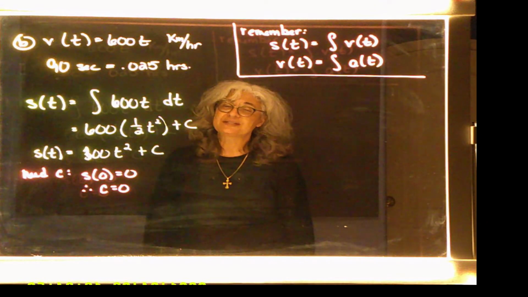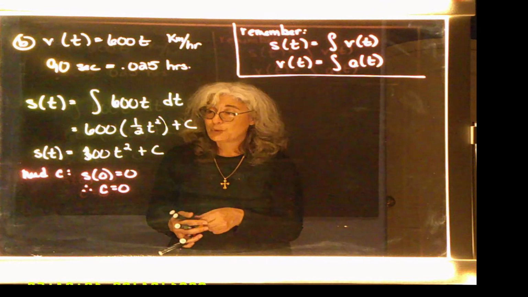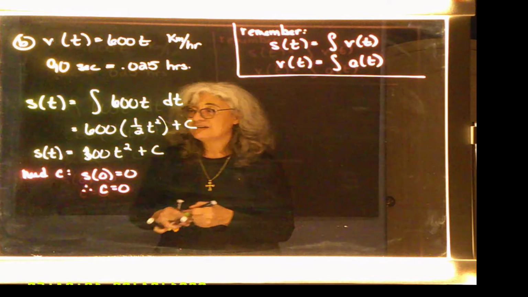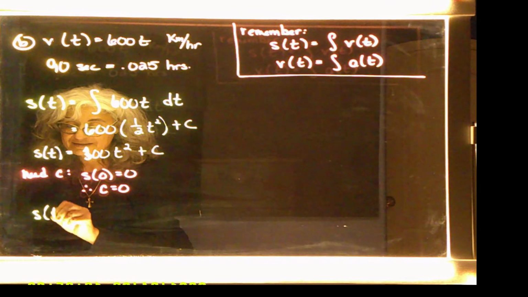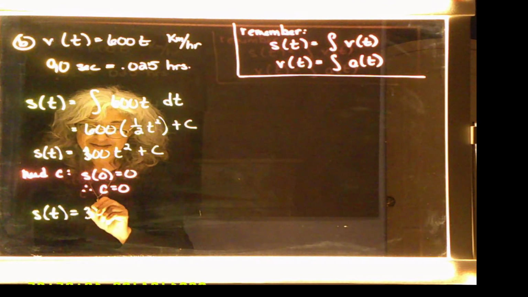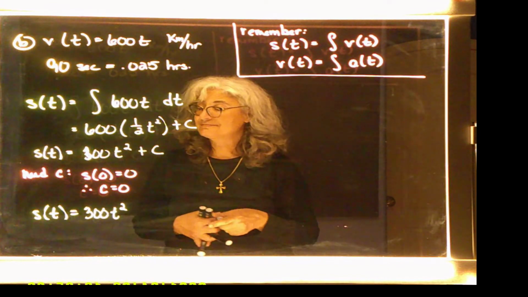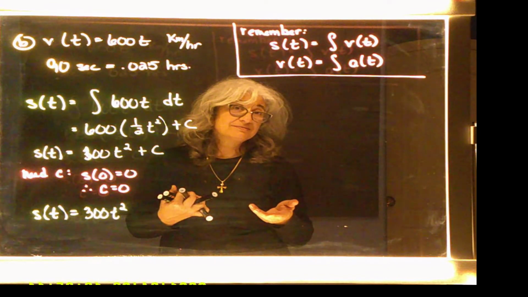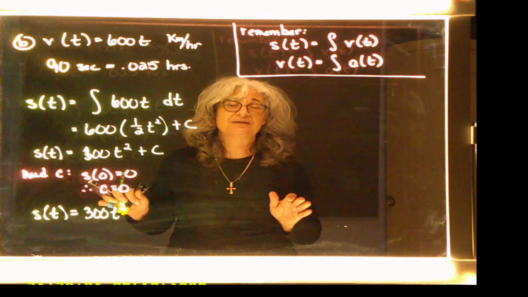Plug it in, you'll see that c is equal to 0. Which means we have the formula for the distance. S of t is equal to 300t squared. Good? Yay, we have the distance formula, how far somebody's traveled, so to speak.